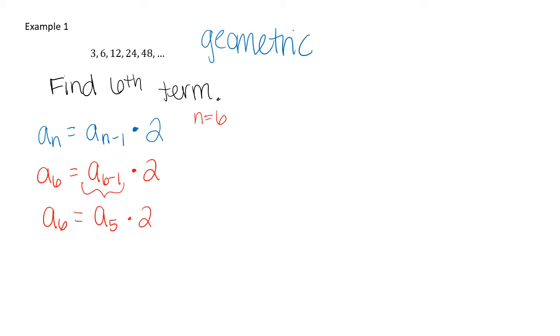And my 5th term is 48. Right? If you look up here, 3 is the first term, 6 is the second term, 12 is the third, 24 is the fourth, 48 is the fifth. So all the recursive formula tells me is that to find the 6th term, I need to take 48 and multiply it by 2. So the 6th term, a sub 6, equals 96. And that's how you use the recursive formula.